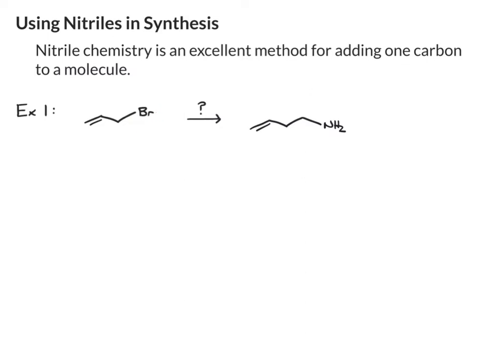So in this first example, we have this allylic bromide, and we're converting it to an amine, but what you should immediately recognize is you're of course adding a nitrogen, but also we're adding a carbon.